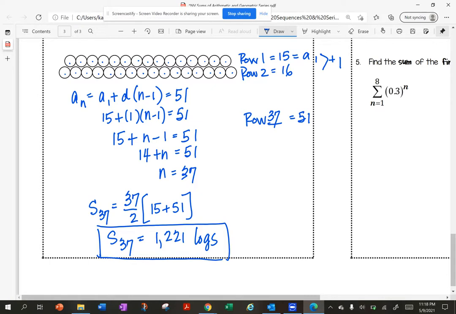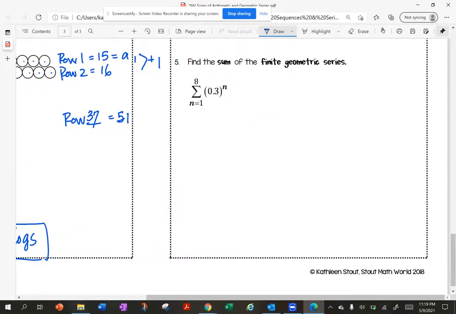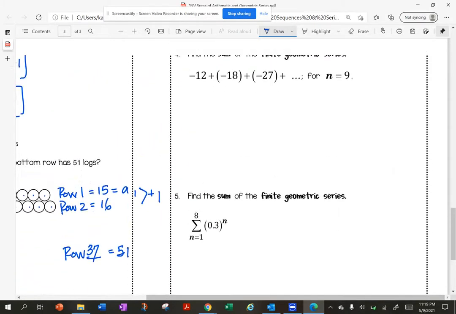Okay, so those are arithmetic sums. So let's do the same kind of examples, but this time with geometric series.